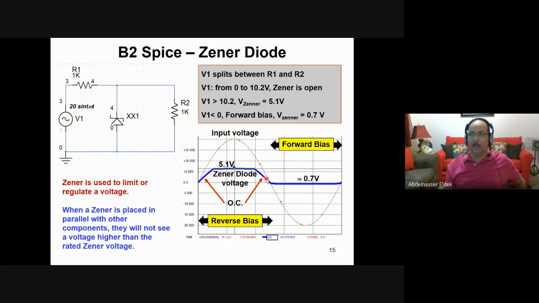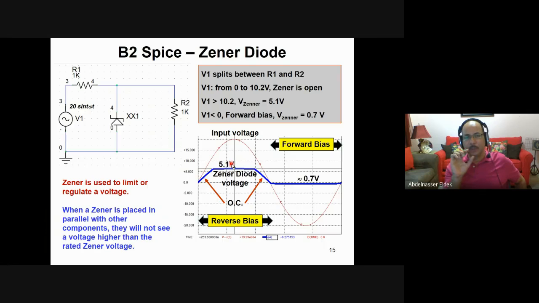Again, the 20 sine omega t is divided between two resistors, so the voltage across R2 is half of that, 10 sine omega t, a sine with maximum 10.